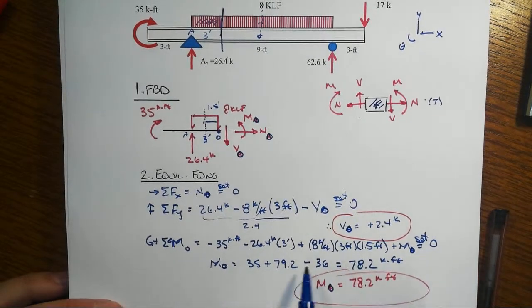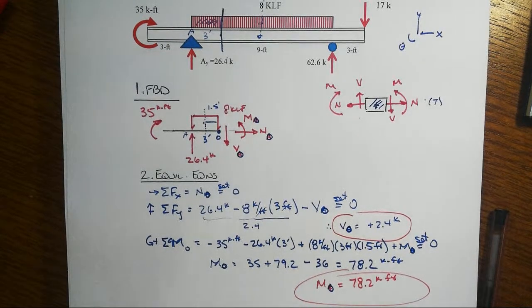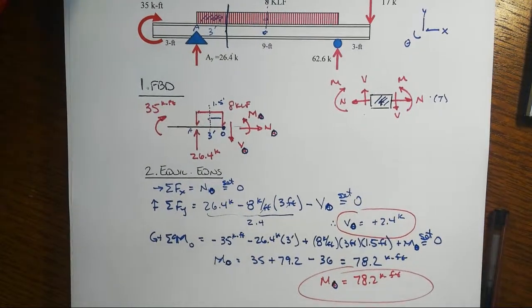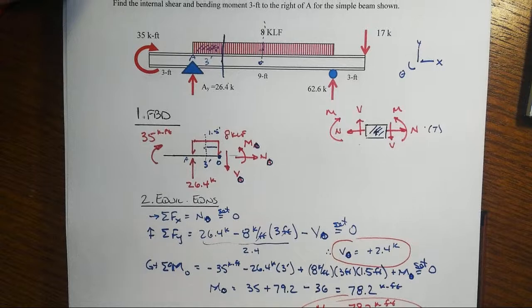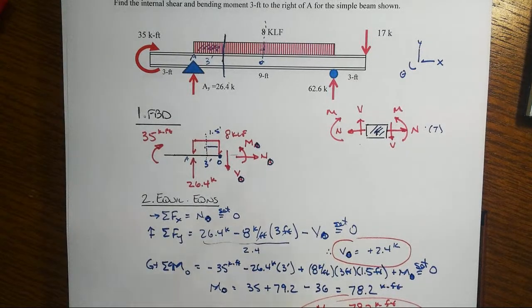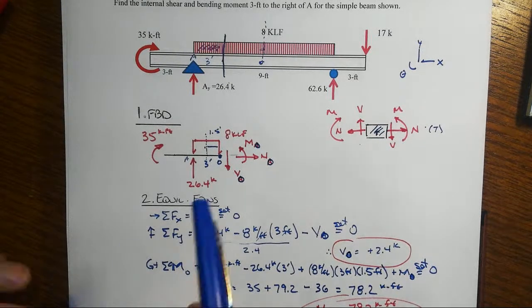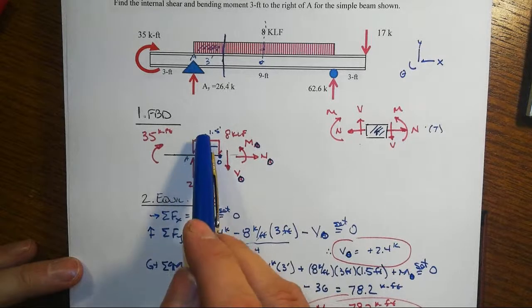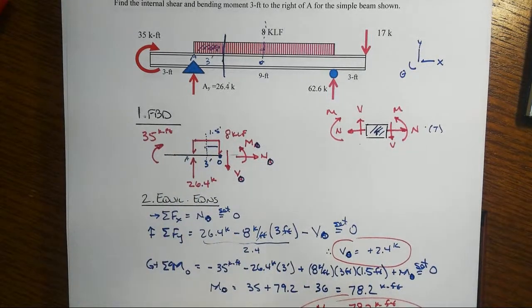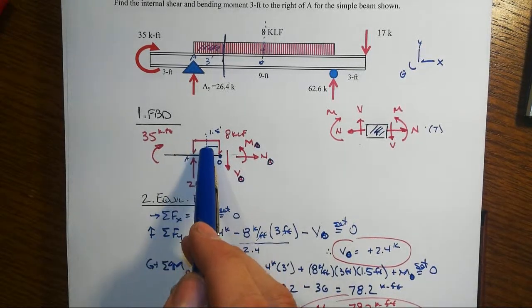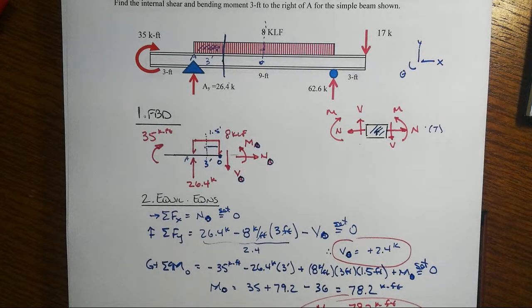And your moment would have been entirely wrong. You would have missed this final 36, and you would have over-predicted the moment in this case by quite a lot. So you've got to be careful on how you create these free body diagrams, and you're thinking about how to work with them. That's why you never see me replace a distributed force with a single concentrated one, so I don't make those mistakes. I keep them. Now I'll put a little dot where the centroid is, where it's acting equivalently, but that's all I will do.